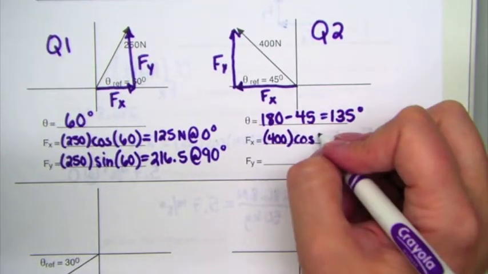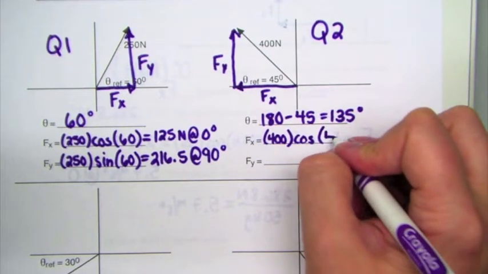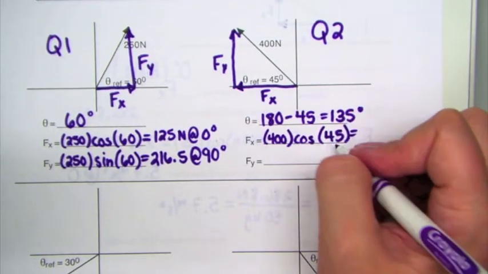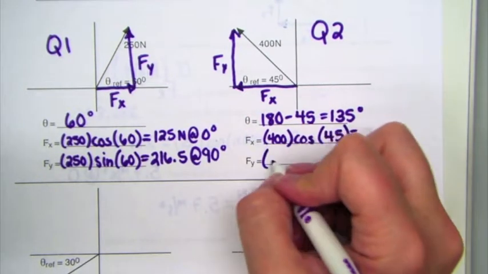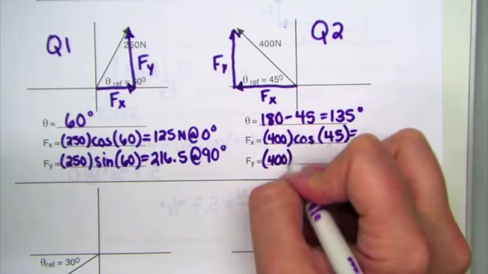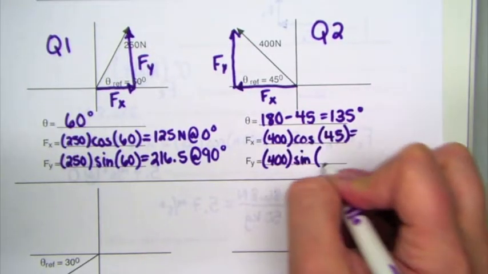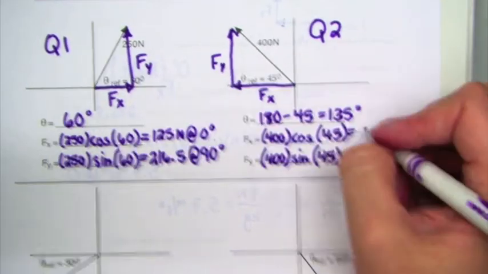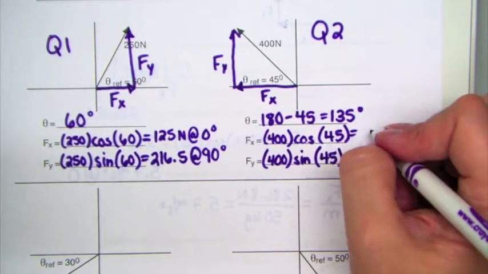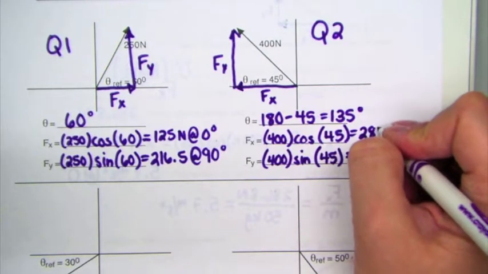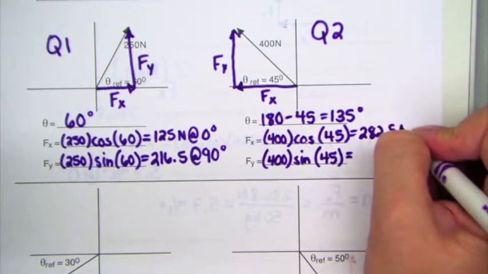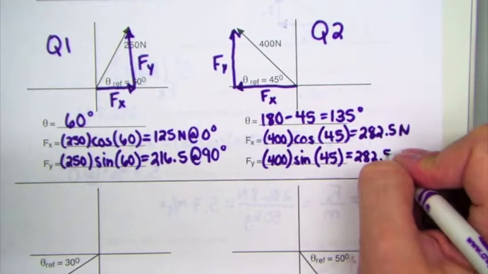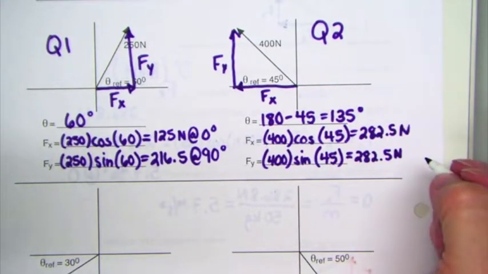X is still cosine. And you can use either angle, whatever you prefer, 135 or 45. The only difference is you'll get a negative for the x direction if you use 135. But the magnitude will be the same. If you notice that you get the same value for both x and y, you did something right.